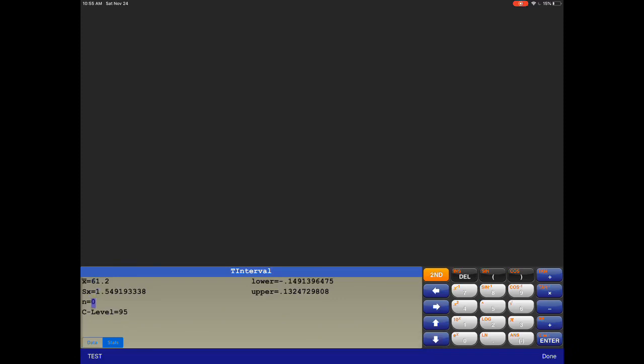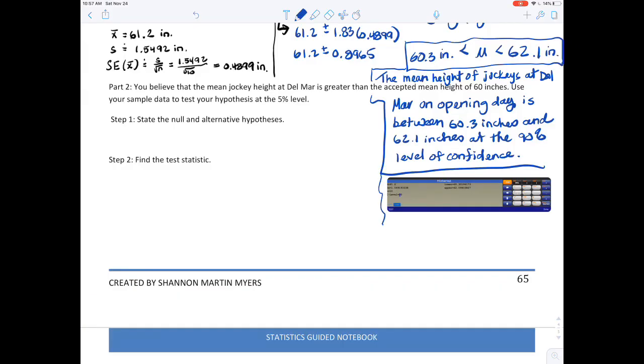So let's go down here because we did a test. It'll default to n is 0 and it'll default to the confidence level of 95. So we knew that our n was 10, right? Our confidence level was 90. Enter. So look, 60.3 and 62.1 if you round those. And that's how you do it. So this is how you would find the confidence interval using the graphing calculator.